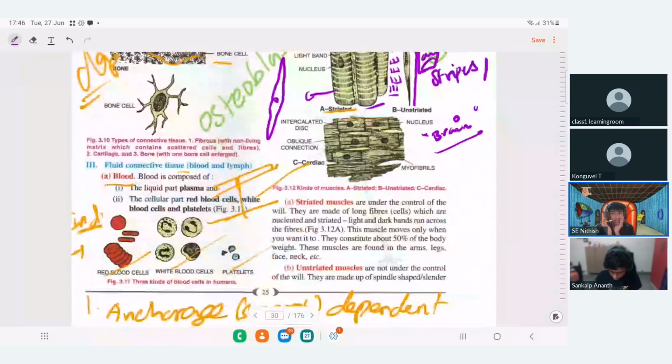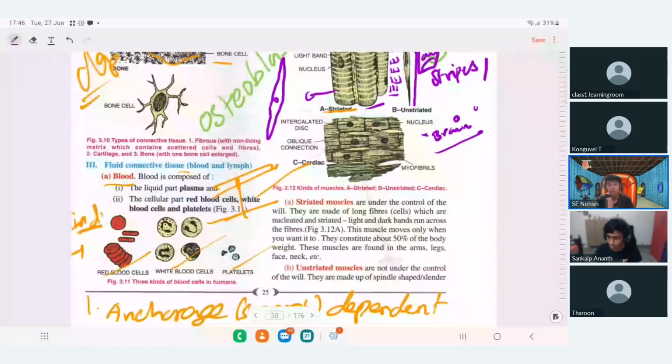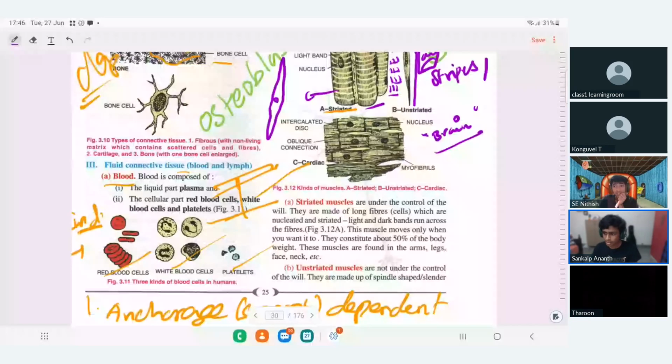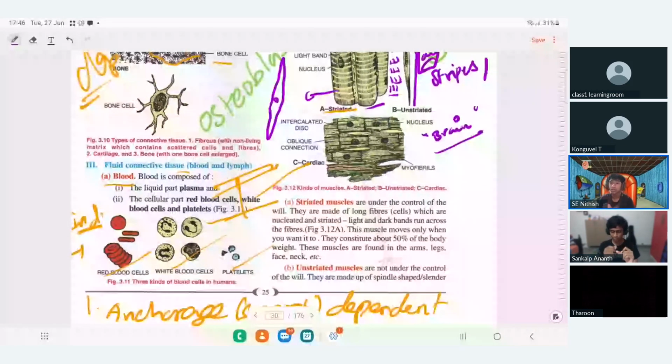When is your exam? Not learning room exams, I'm talking about term one school exams. Friday there is a test, starting on Friday, ending on coming Sunday, sir. It's a learning room exam, not school exam.